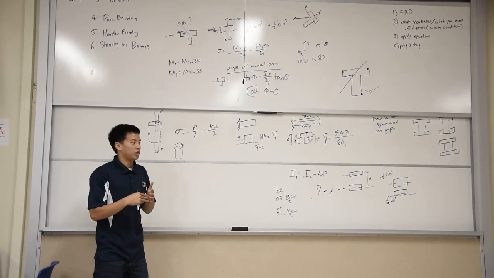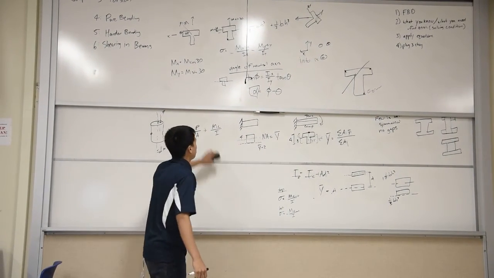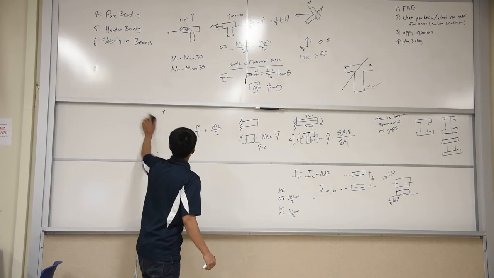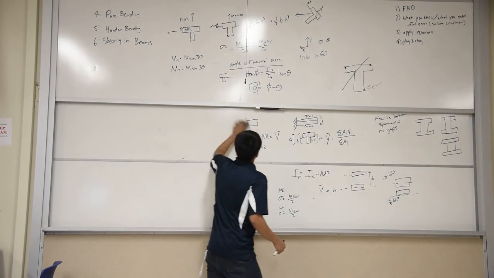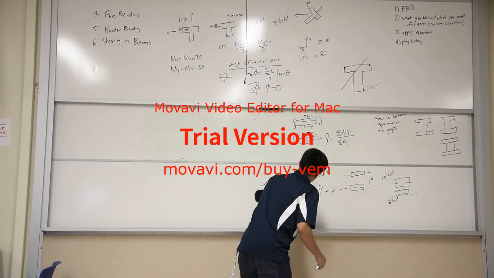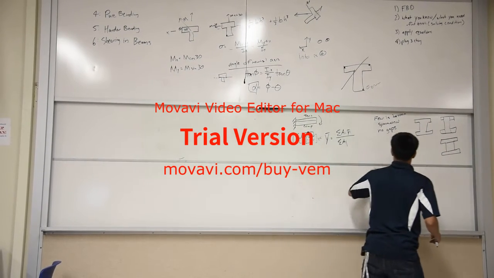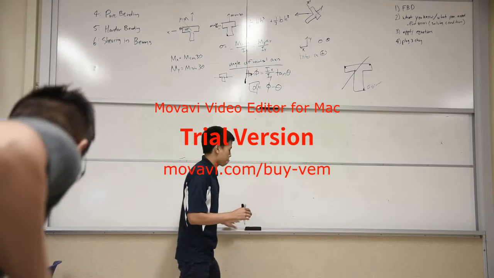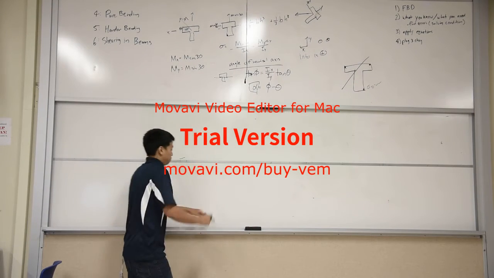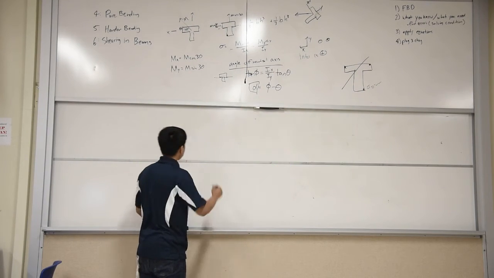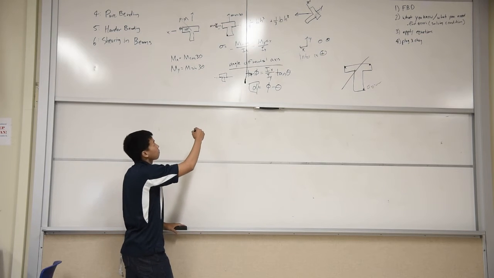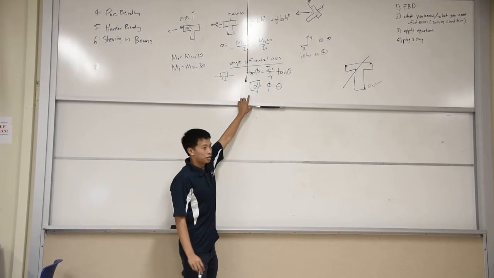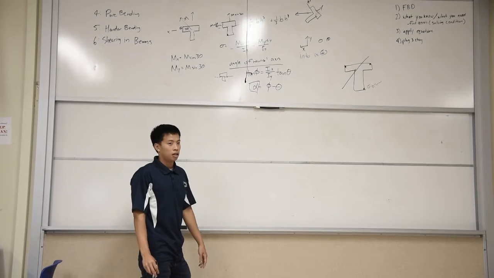It's going to be the Y bar and the I. So I'm going to draw a picture, and we're going to try to calculate the Y bar and the I. What's that alpha? That is the angle of the neutral axis. Okay.